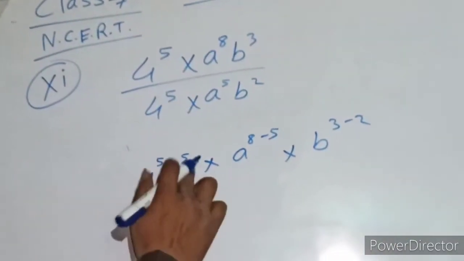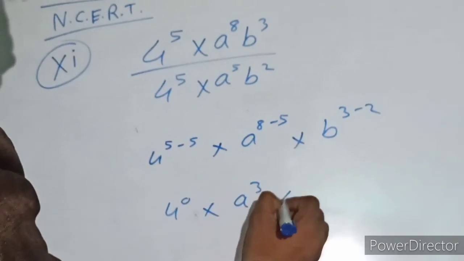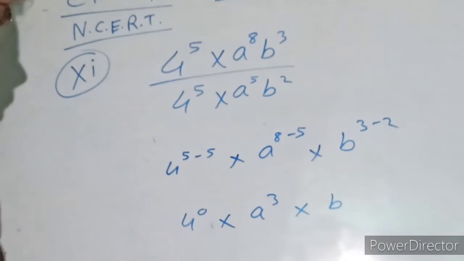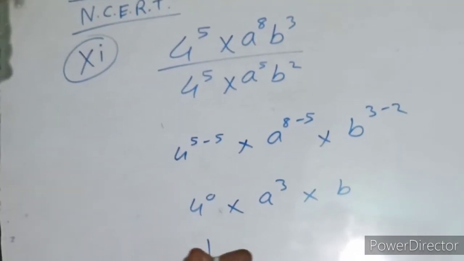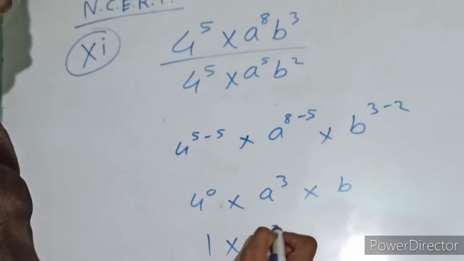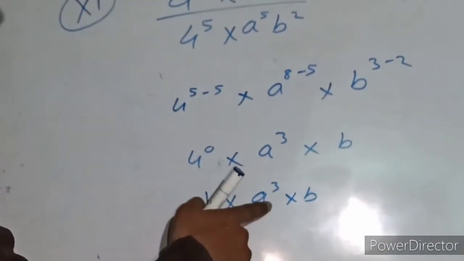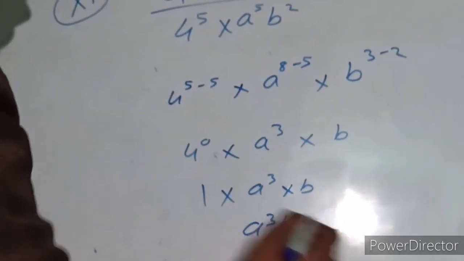So 5 minus 5 is 0, 8 minus 5 is 3, b 3 minus 2 is 1. So there is no need to write it. 4 raised to the power 0 means 1, a raised to the power 3, and b. The answer is a raised to the power 3 into b.